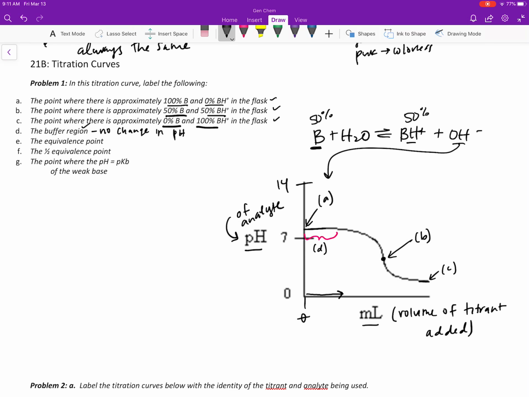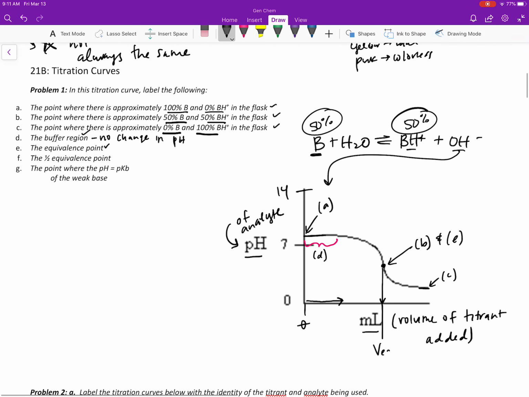Now the point where we have half and half is going to be the same as B. So this is going to be B and E. Halfway to the equivalence point, if this is the equivalence volume right here, the amount of volume it takes to get to the equivalence point, well then half of that, which is approximately right here, that's halfway to the equivalence point.